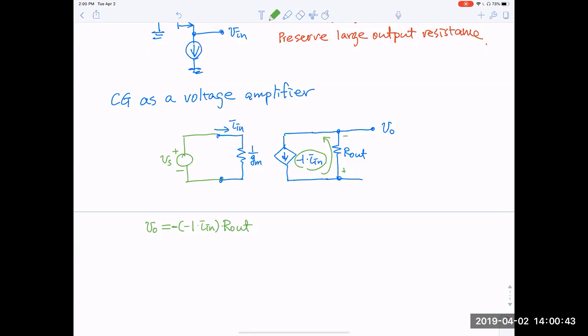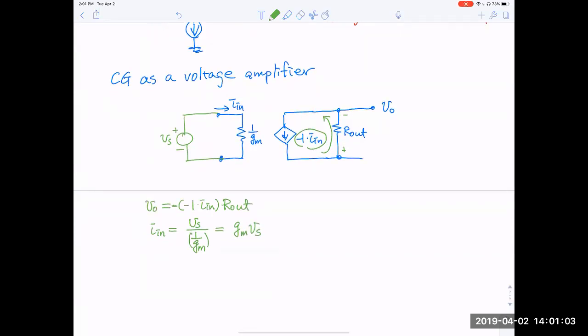And what is I in? I in, in this case, is simply Vs, the input voltage, divided by the resistance, which is 1/Gm, okay? And so this is simply equal to Gm times Vs. So combining these two equations, let's go one step further for the first equation.